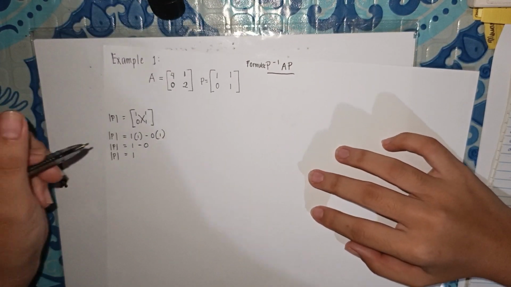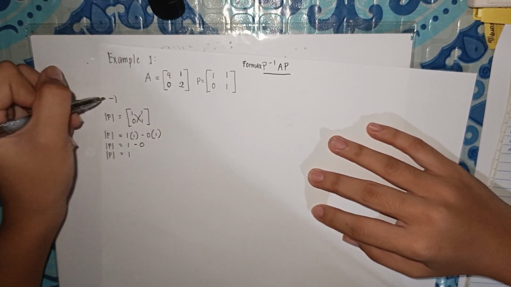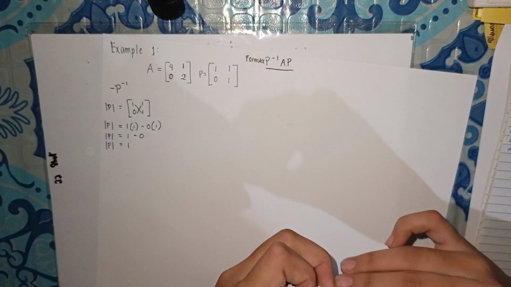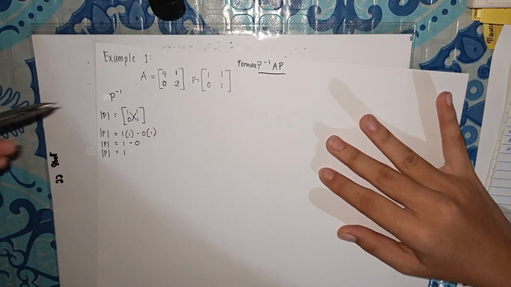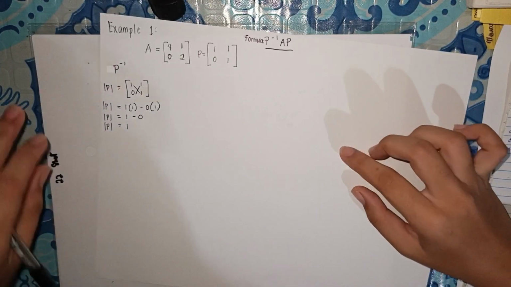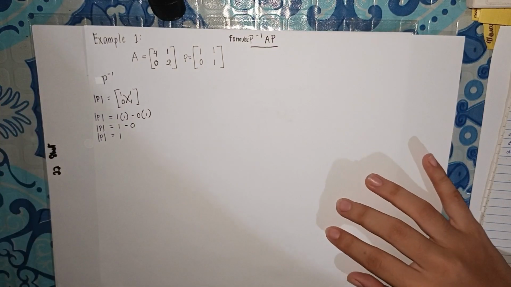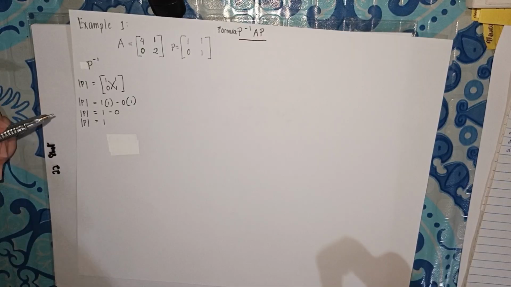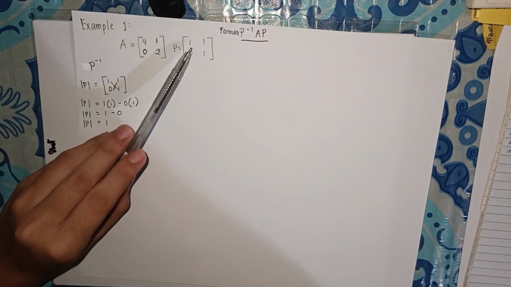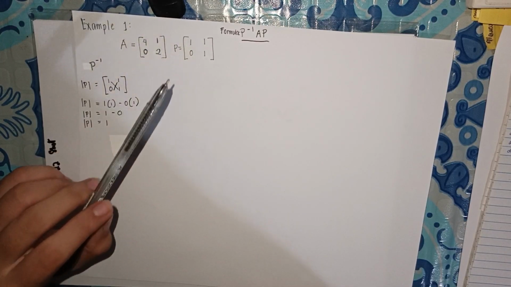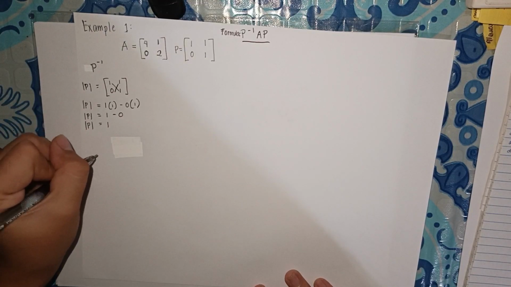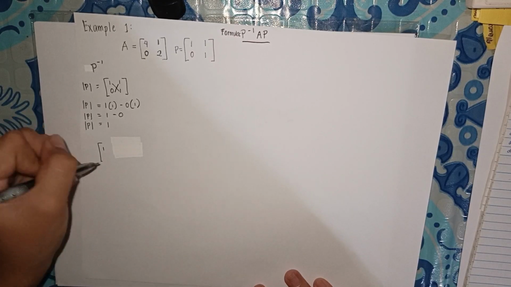Next, in getting the inverse of P, the first thing we did was get the determinant. The next step in the inverse, after getting the determinant, is to change positions. This is A, this is B, this is C, this is D. So we will swap A and D, so it becomes 1 and 1.